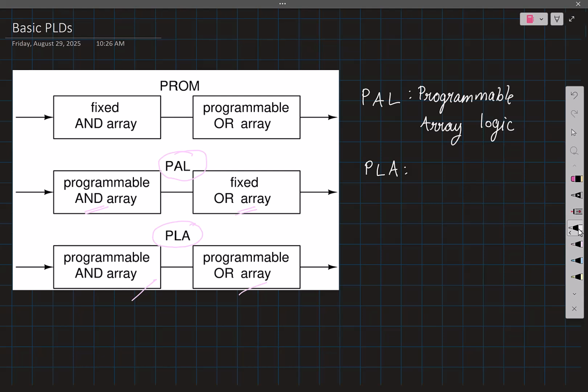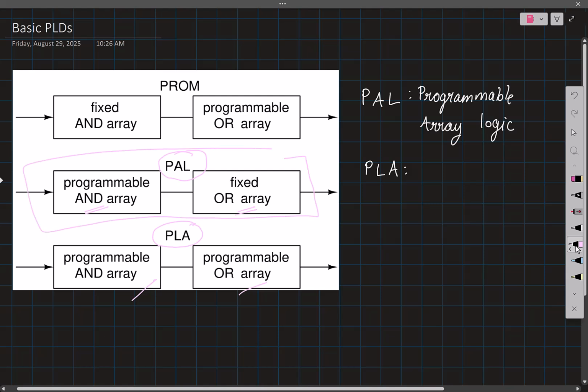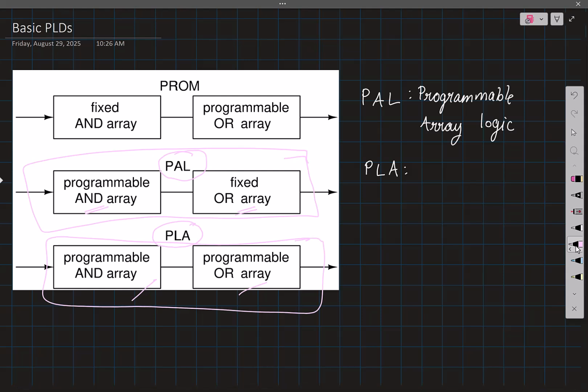Actually, no particular reason. Two separate vendors developed this and brought it to market at the same time. The vendor who brought in this sort of structure called it Programmable Array Logic. The vendor who brought in this one called it Programmable Logic Array. So now we have to deal with this name. How I tend to think about it is that the most flexible thing here is PLA.